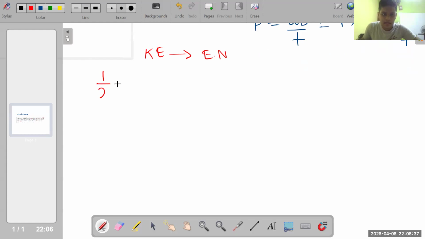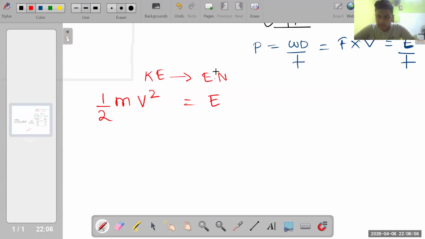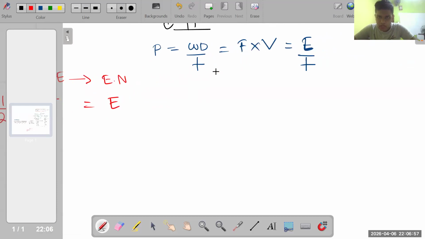Kinetic energy is given by half m v square. Electrical energy, I'll give the letter E. Now you might ask, how can we connect power here? We should connect power. If we introduce time to this equation, we can connect.